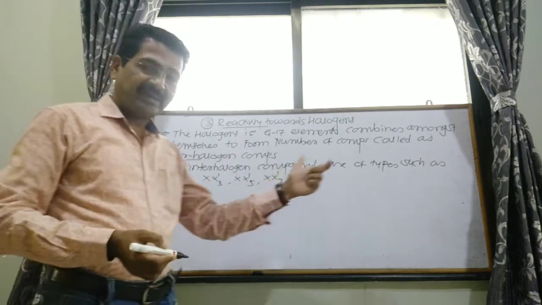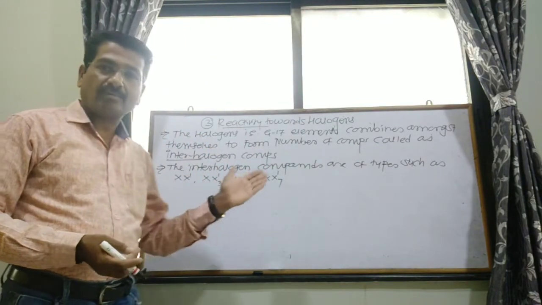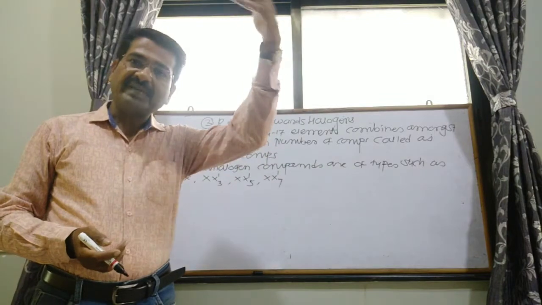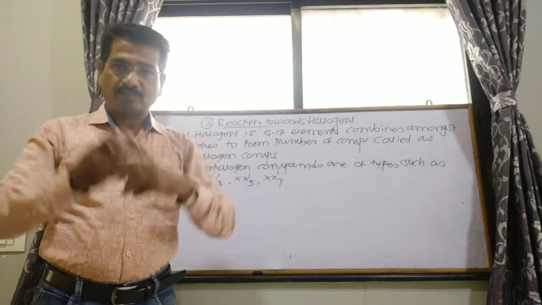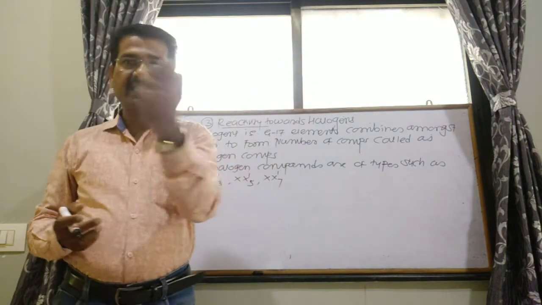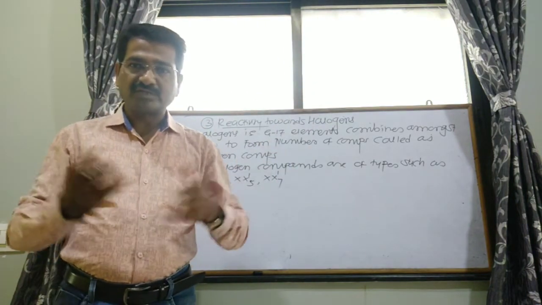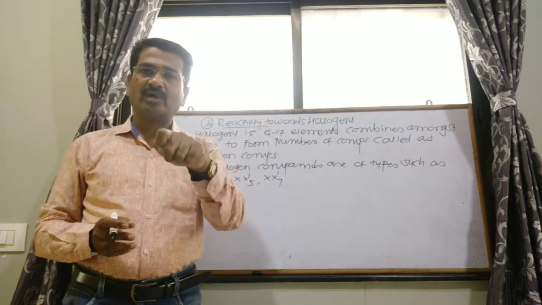How are those interhalogen compounds formed? All these interhalogen compounds are formed depending upon their variable oxidation state. That concept is already known. Except fluorine, all halogens can show a number of oxidation states, that is -1, +1, +3, +5, +7.